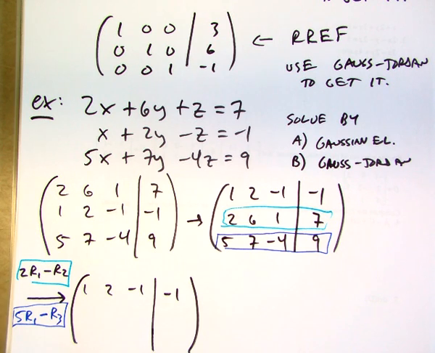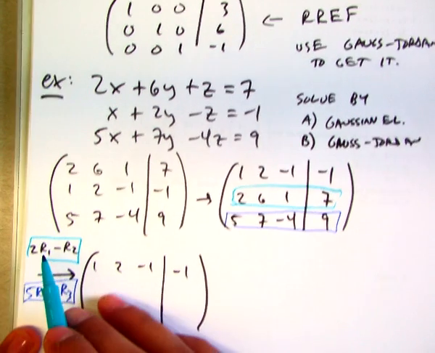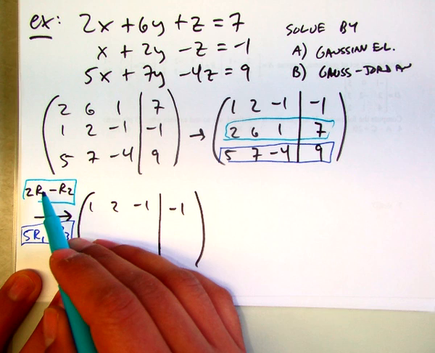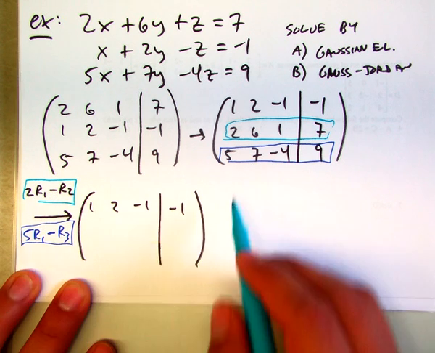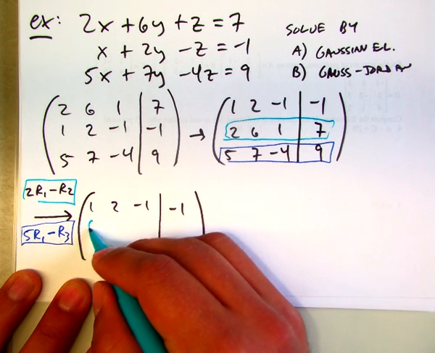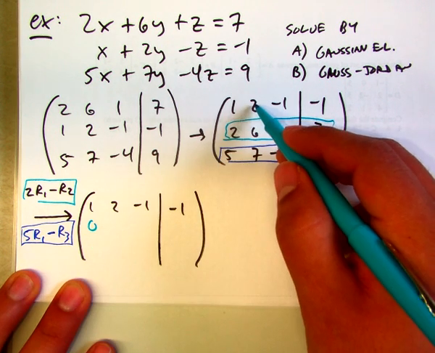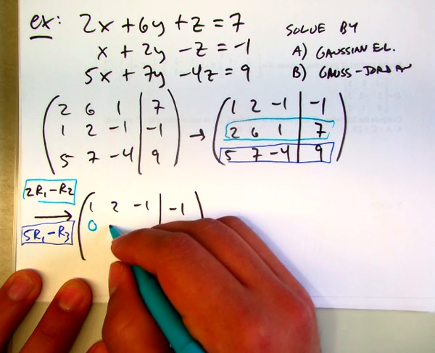Okay, so if I do those operations, double the first row and subtract the second row, we get 0. 2 times 2 is 4, and then we subtract 6. That's negative 2.